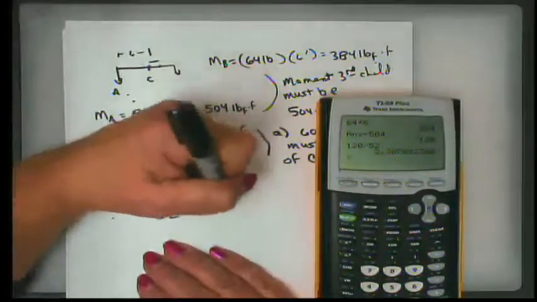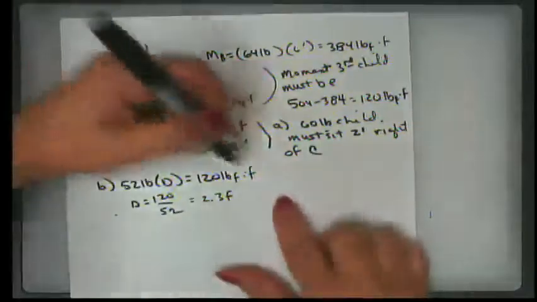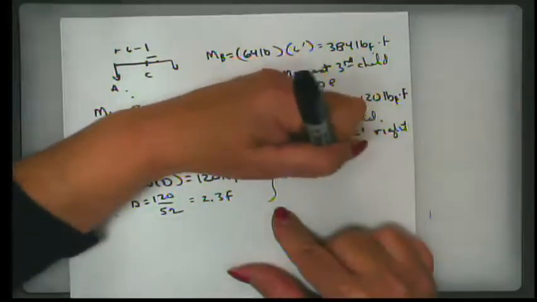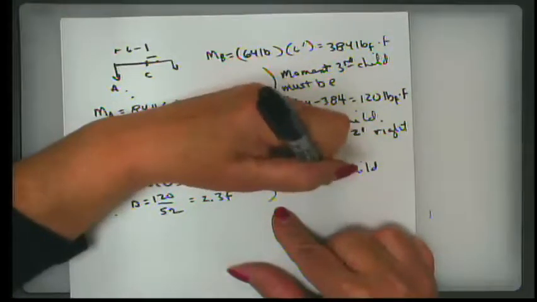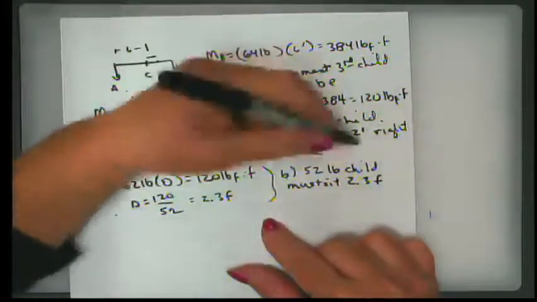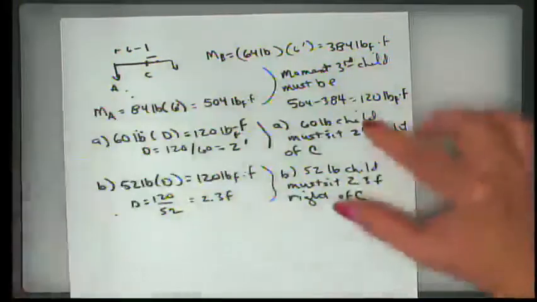So I'm just going to call it 2.3 feet. All right. So in this case, B, a 52-pound child must sit 2.3 feet right of C.